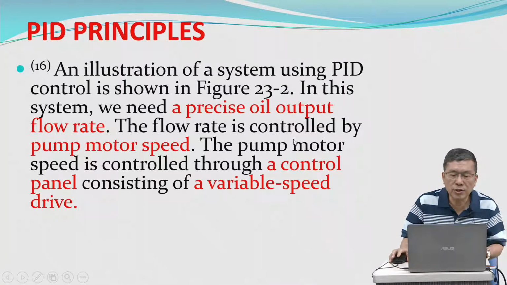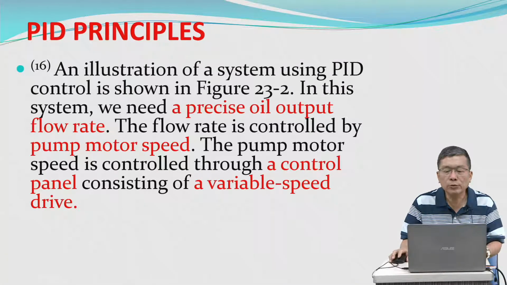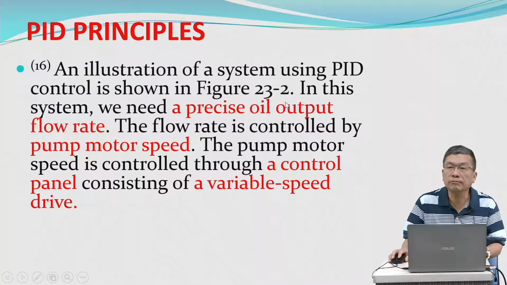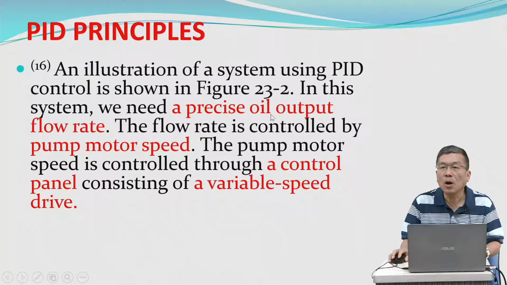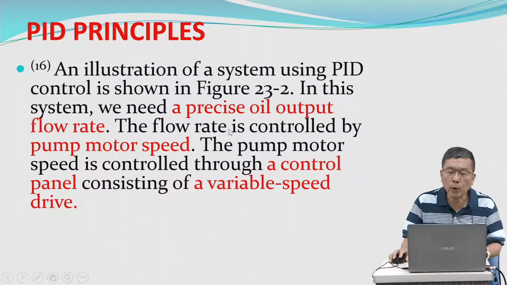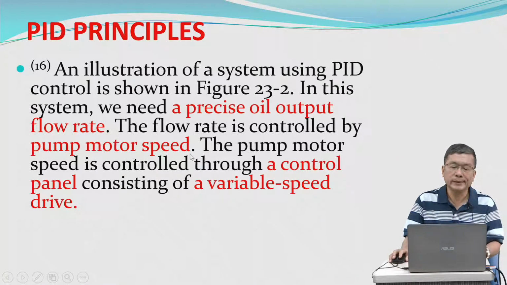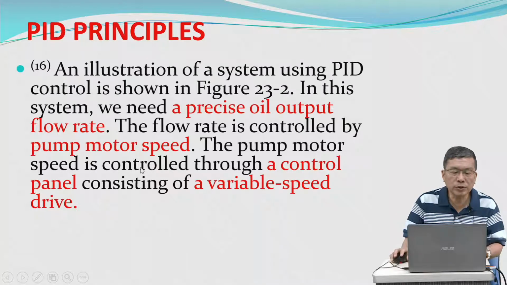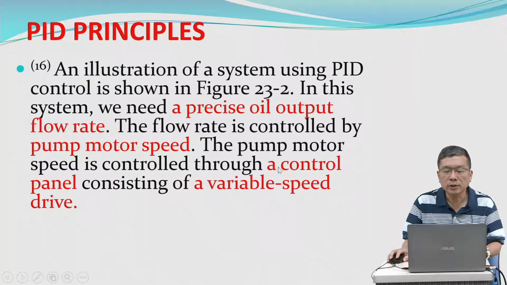An illustration of a system using PID control is shown in figure 23.2. In this system, we need a precise oil output flow rate. The flow rate is controlled by pump motor speed. The pump motor speed is controlled through a control panel consisting of a variable speed drive.